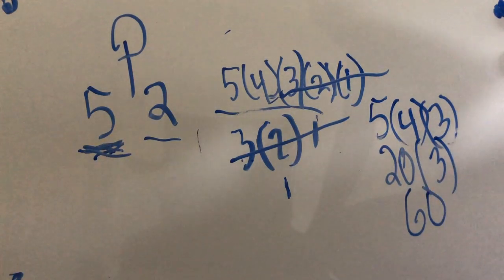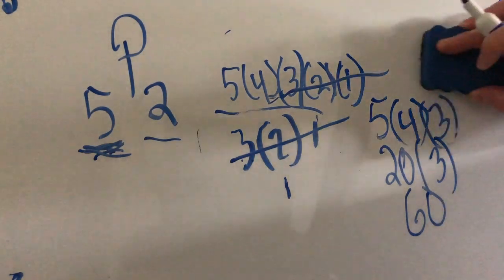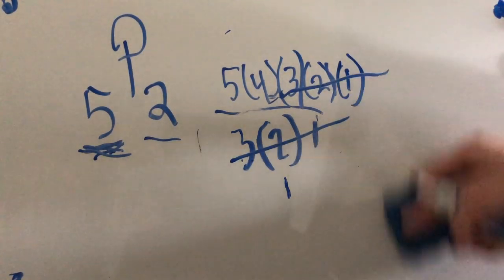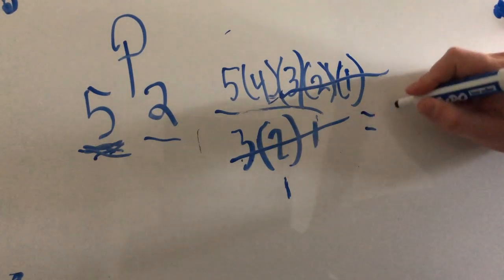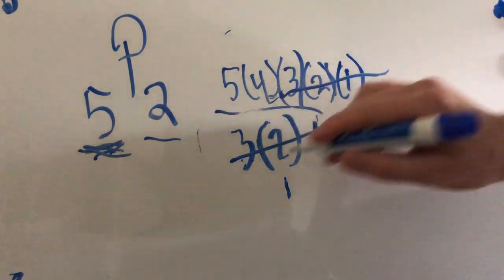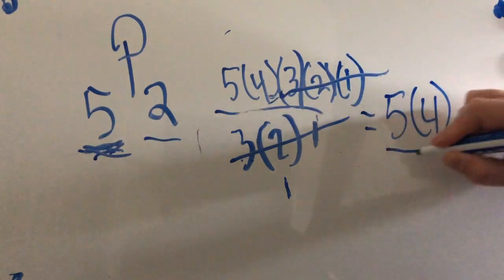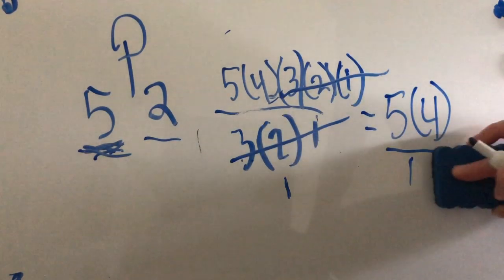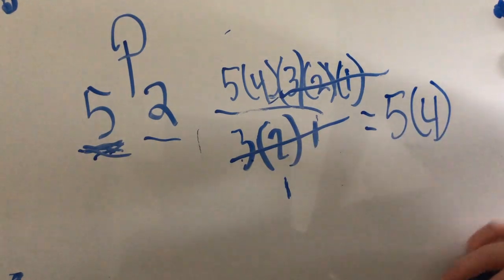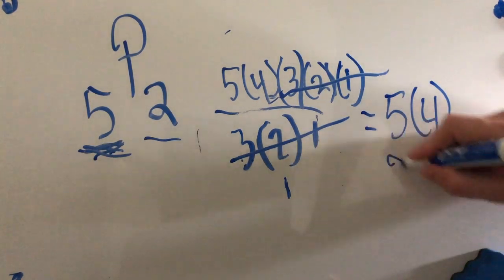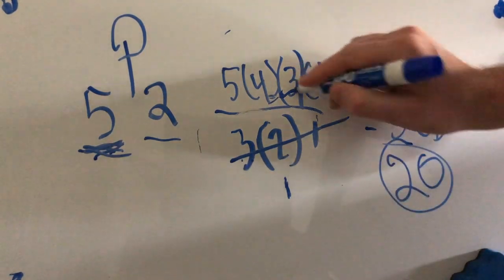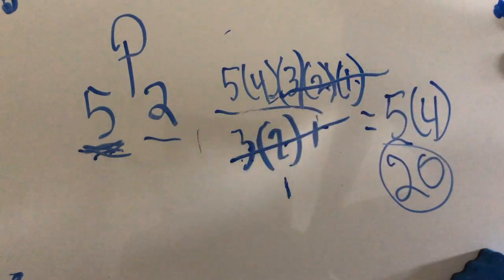Oh, I made a mistake. Scratch that. So that would give me 5 times 4 over 1, and that makes it a whole number, so that's just 5 times 4, and that is 20, because the 3, 2, 1 cancel out.